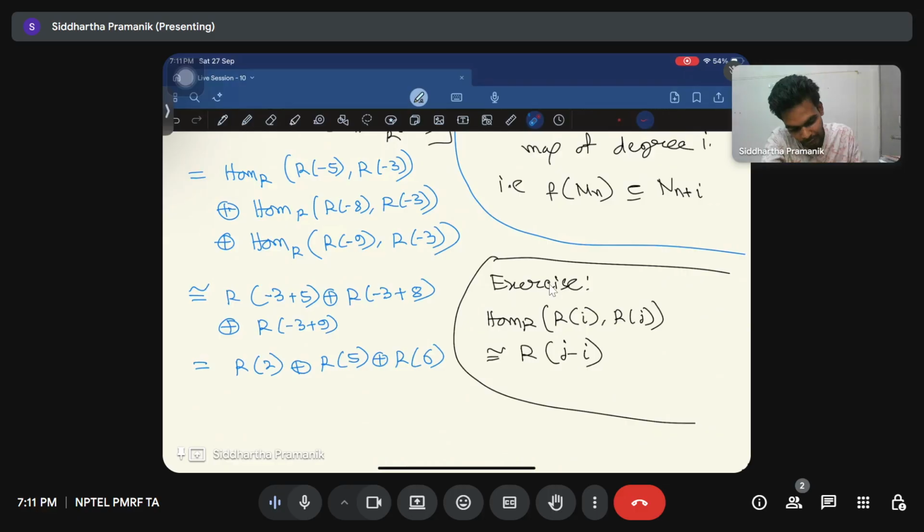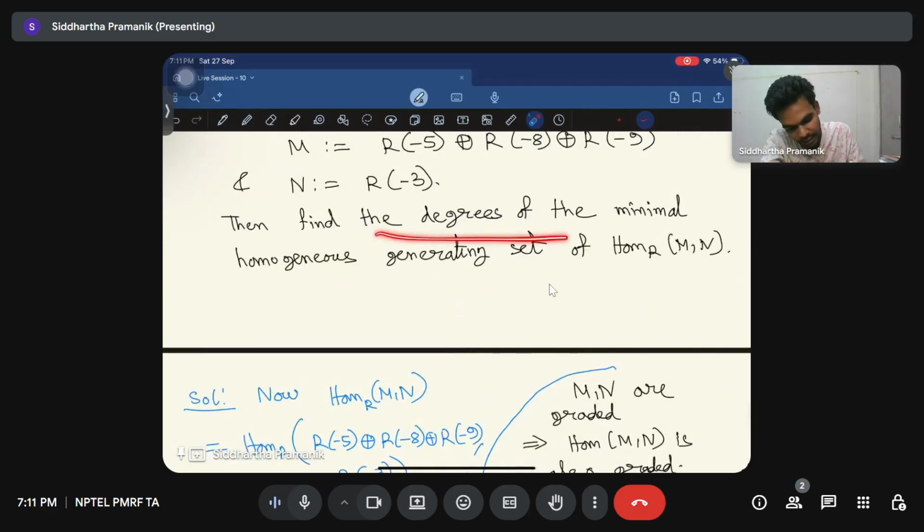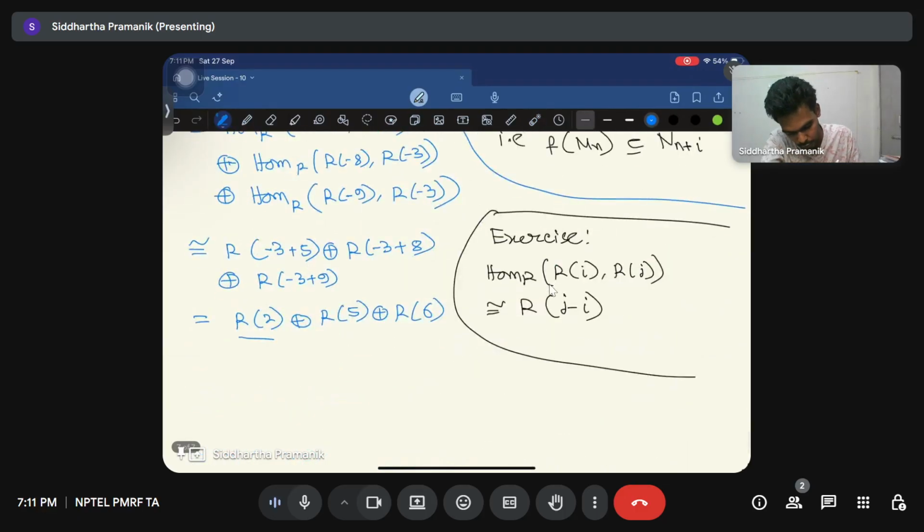Now we need to find the degrees of the minimal homogeneous generating set. So what will be the degree? Okay, let me write it down.